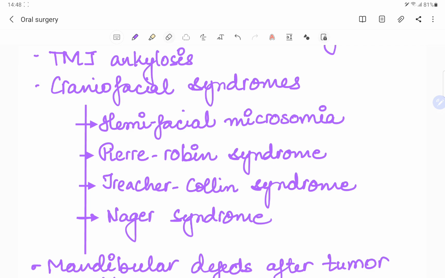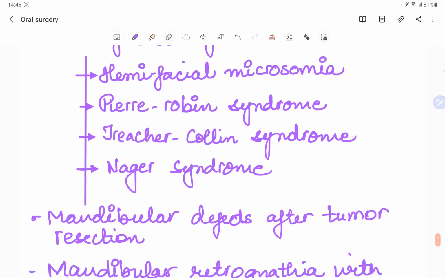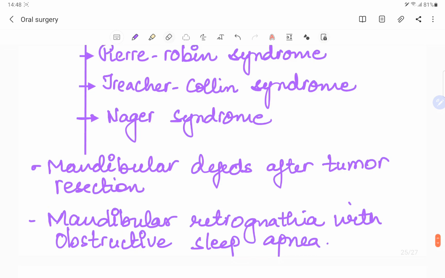or in case of Nager syndrome. In that case, there is also malar hypoplasia or micrognathia. So in all these situations where there is hypoplasia of the bone, we can use distraction osteogenesis to regenerate the bone. So there is new bone formation. How do we achieve it? By distracting the two fragments of the bone, by separating the bone at a controlled rate.